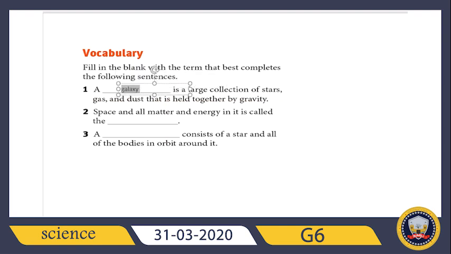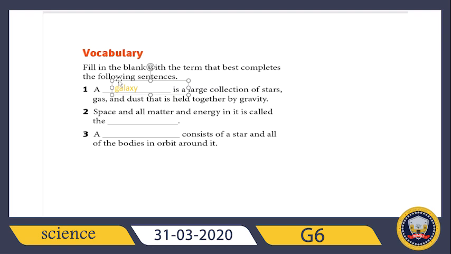So a galaxy is a large collection of stars, gas and dust that is held together by gravity, and we have giant galaxies that are big and small galaxies, or what we call dwarf galaxies. We have different shapes of galaxies: the spiral galaxy, the elliptical galaxy, and the irregular galaxy.